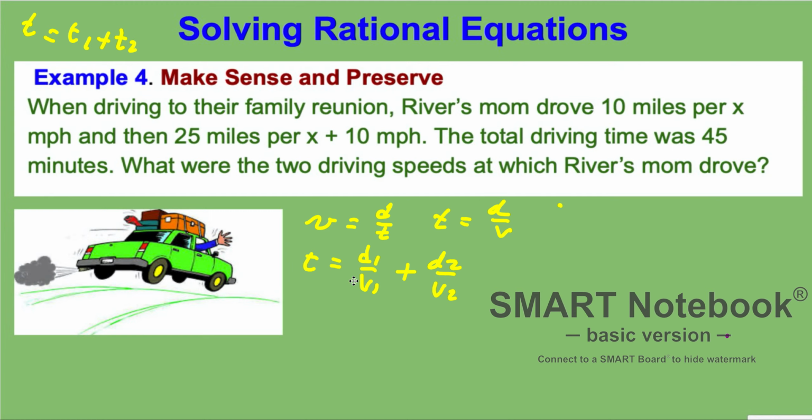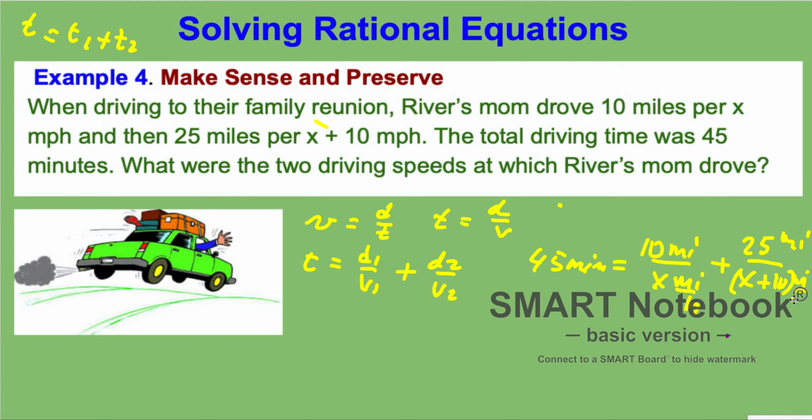And now we can substitute those values. The total driving time was 45 minutes, so we can write 45 minutes is equal to, instead of d1, the first 10 miles, 10 miles divided by v1, which is x miles per hour, plus 25 miles divided by x plus 10 miles per hour.